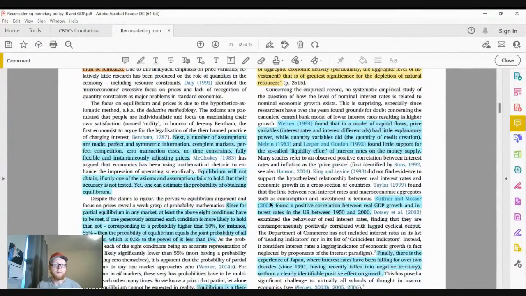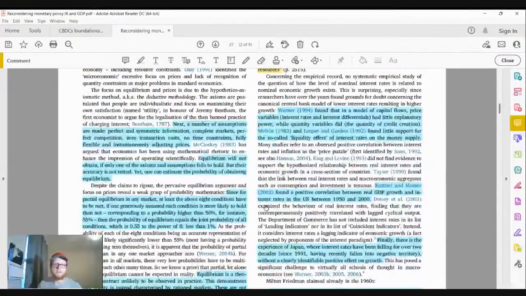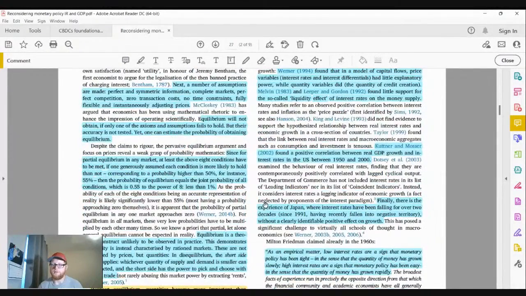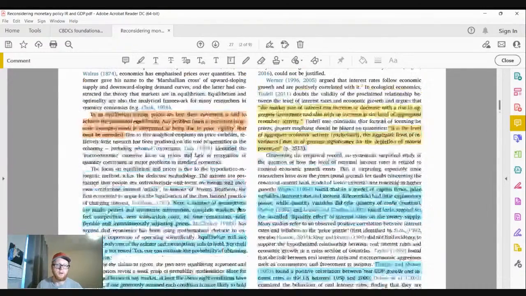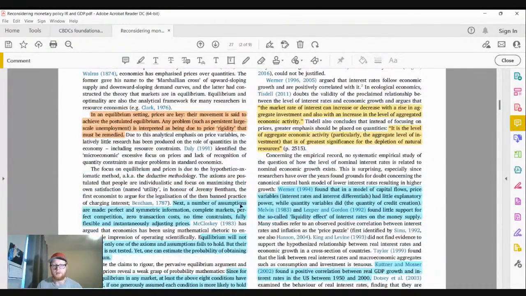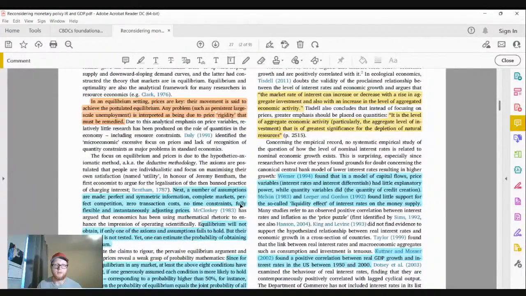Okay, so in the intro, he's talking about the assumptions and how you think of the economy in general, pretty much with equilibrium, right? He says in an equilibrium setting, prices are key. Their movement is said to achieve the postulated equilibrium.